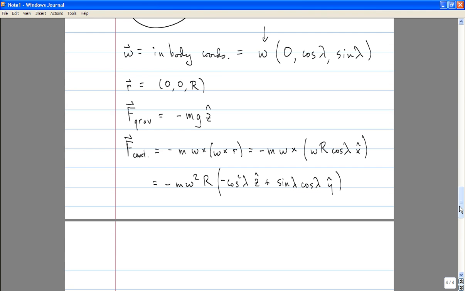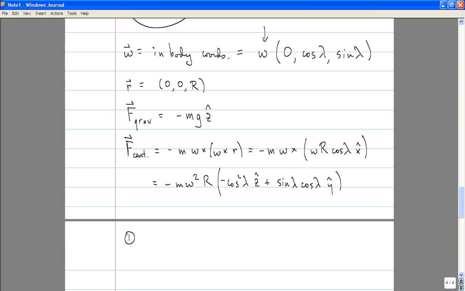So what this means is that the centrifugal force will lead to two independent contributions to the force acting on this mass located at a latitude lambda.